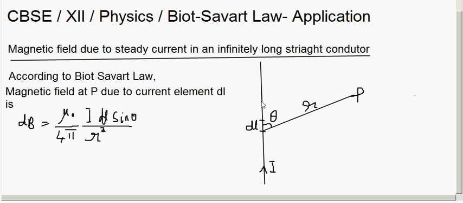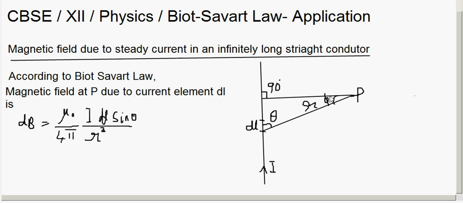Now let us draw a perpendicular from P to this straight conductor. This is 90 degrees, and let this angle be angle phi.